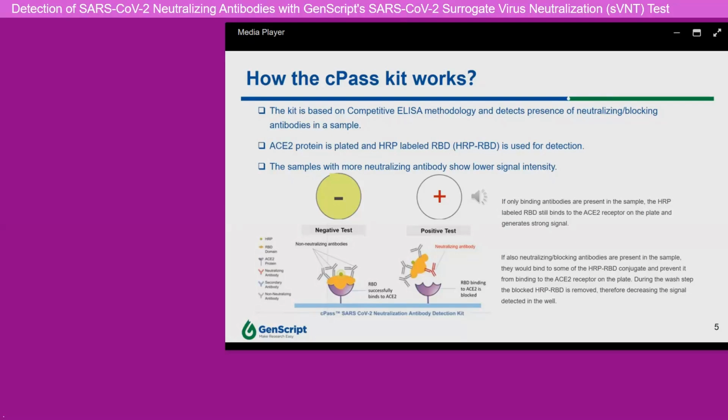When this neutralization solution is added to the plate, this complex inhibits the ability of the RBD HRP to bind with ACE2, so that samples that do not contain neutralizing antibodies, those wells will result in color development, whereas those containing neutralizing antibody will inhibit, resulting in little to no color development.